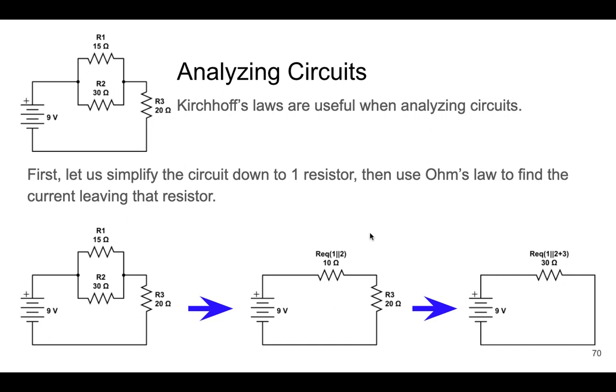Make the intermediate circuits. Don't try to do all of the small math all together in one step. It's too easy to goof, and it's impossible for me to see what your thinking is if you didn't write it down. So make the intermediate circuits. It also turns out that it's very useful to have these when you're going back through the problems to figure it out. The intermediate circuits, that's where you find your clues.